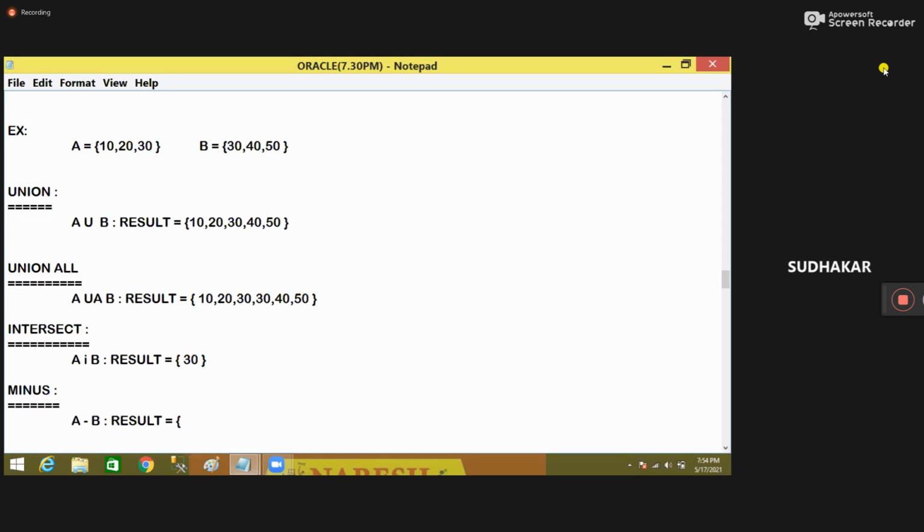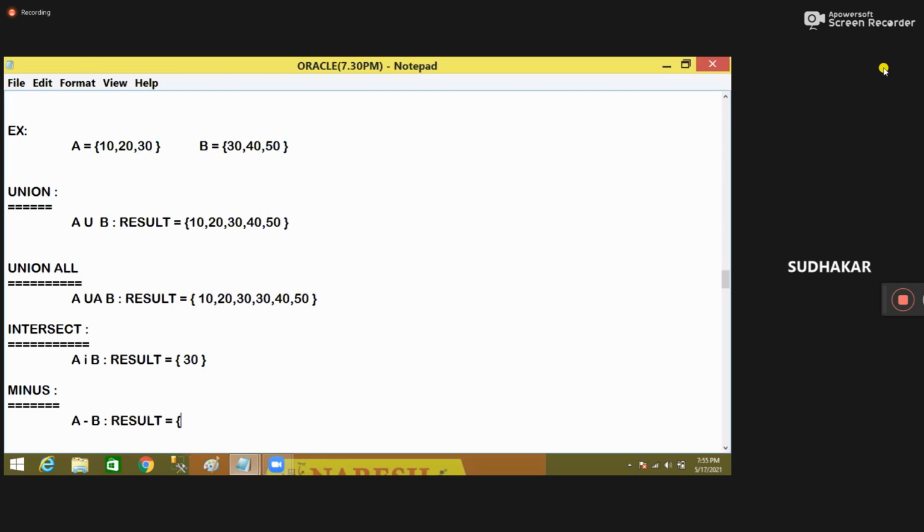So in the left side set, the unmatching values should not be in the B set, that means the right side set. The minus operator returns values from the left side set which are not found in the right side set.